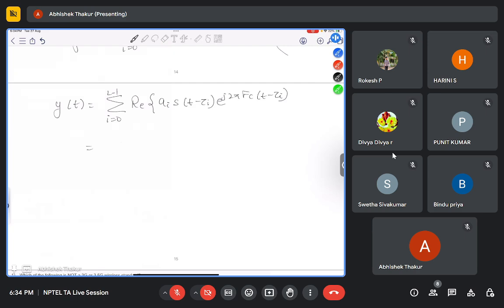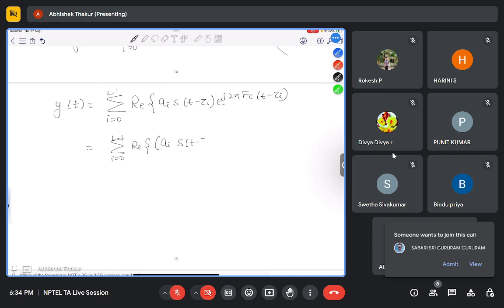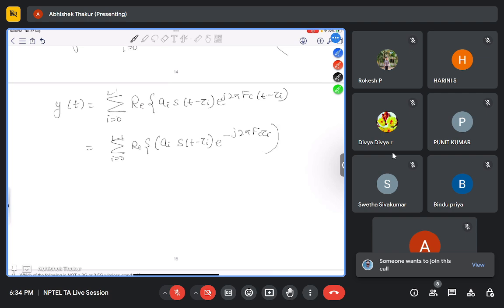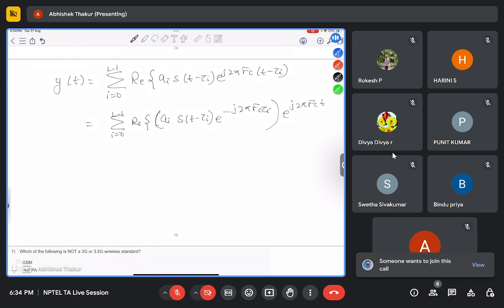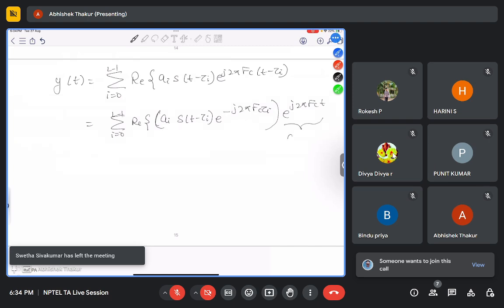So this we can write as e to the power minus j 2 pi fc tau_i, which I will bring inside, and e to the power j 2 pi fc t. So this is our carrier signal with carrier frequency fc.